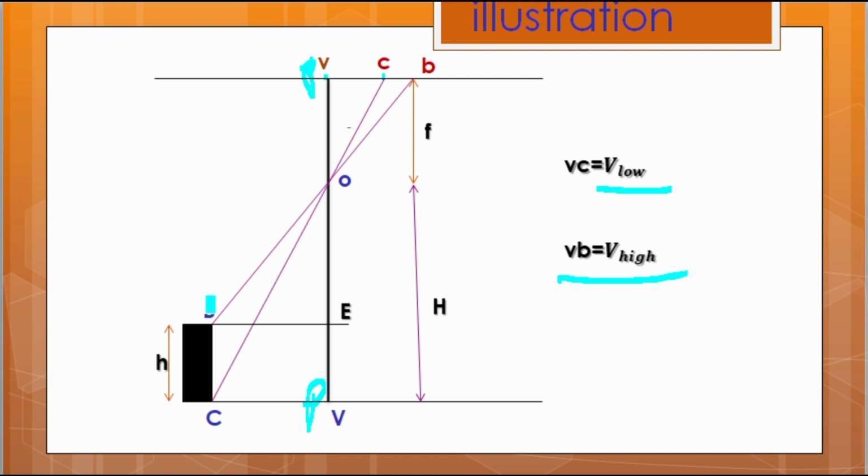Since B is vertically above C, this vertical plane intersects the plane of the negative. Remember, those are the properties of a photograph.